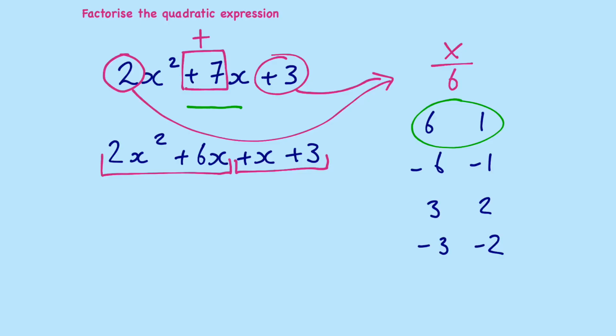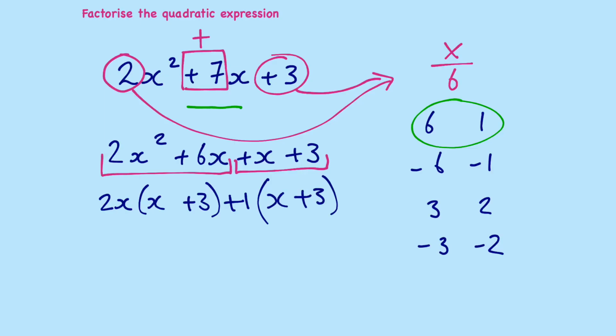Now when I factorise 2x squared plus 6x, I get 2x outside the brackets and x plus 3 inside the brackets. When we move to these two terms, you wouldn't really factorise this. However, in order for this method to work, we need to factorise it. So the only factor that we could find in x and 3 would be just 1. So we say plus 1 is the factor, and inside the brackets goes x plus 3.